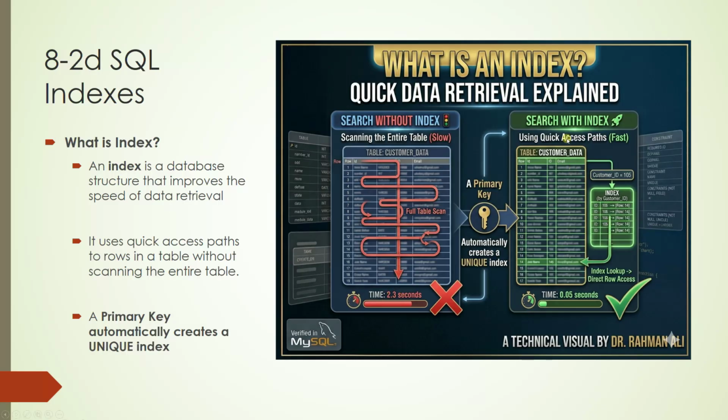But if we have defined the index, for example, take a primary key, which automatically creates a unique index. When we are interested in finding a record, for example 14, then that index will quickly take us to record number 14 without scanning the whole data table, and you can see that it will save a lot of time.